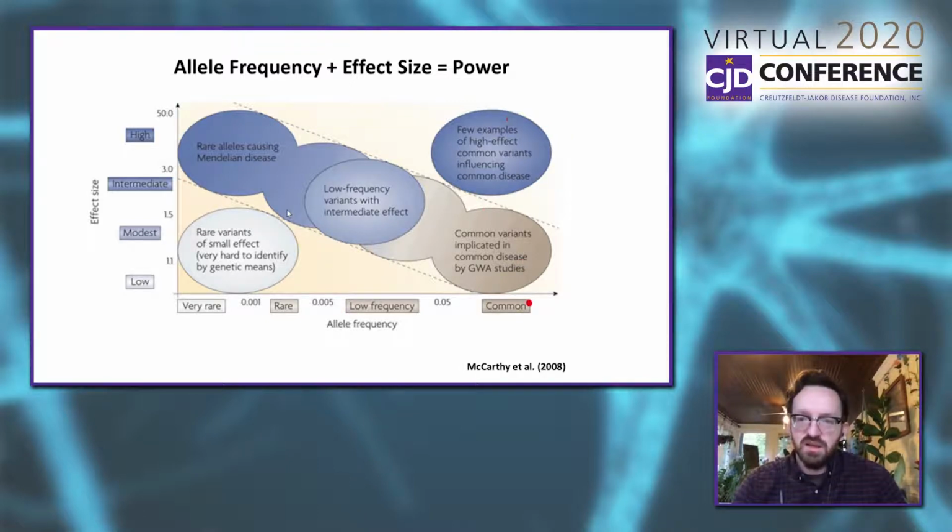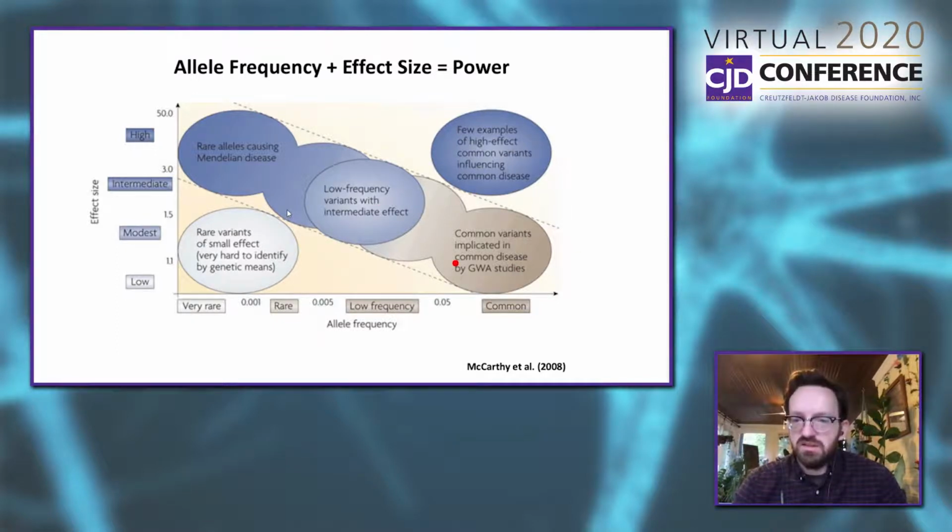And we can see that at very high effect size, so for instance, the variants in PRNP that cause the genetic forms of CJD would fall in this range here, where they're extremely rare in the population but very much causative. They have extremely high effect size.